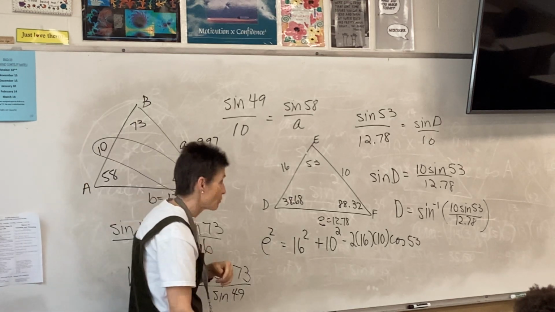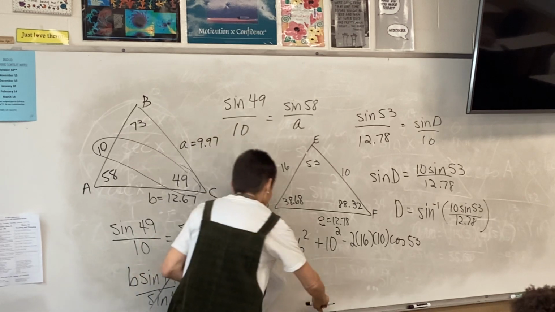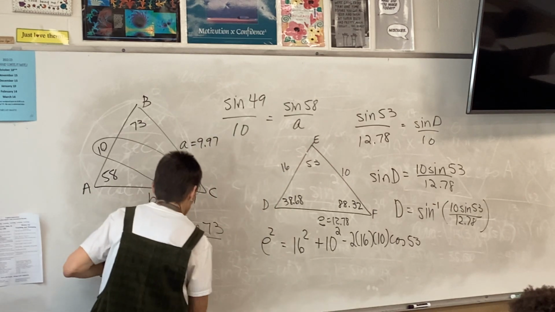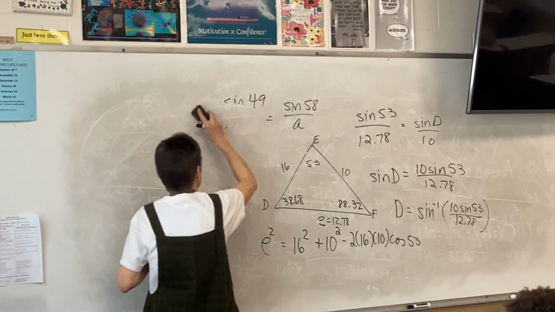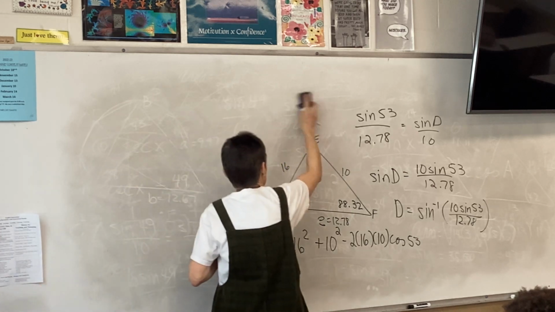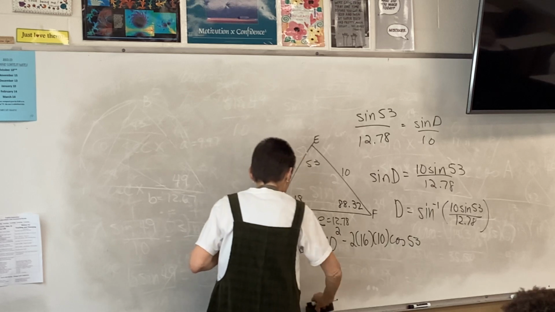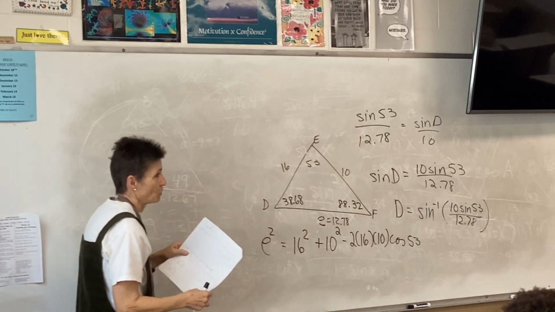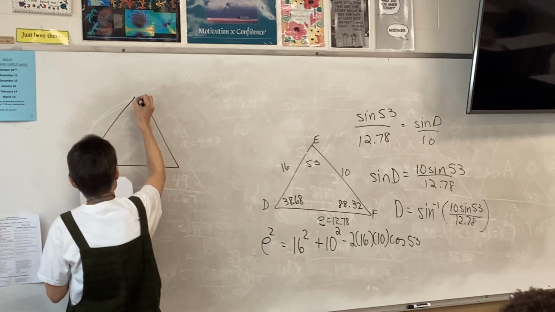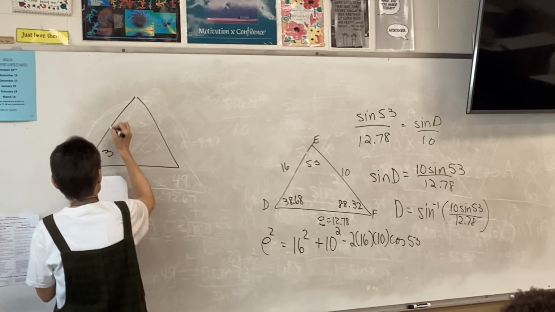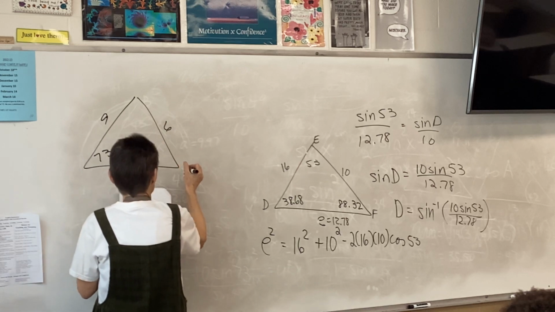All right, now how many triangles are possible? Well, what are the possible answers? 0, 1, or 2. If you're going to guess, well, first of all, you have to show work. But if you are going to guess, don't guess anything other than 0, 1, or 2, because that's all it could possibly be.